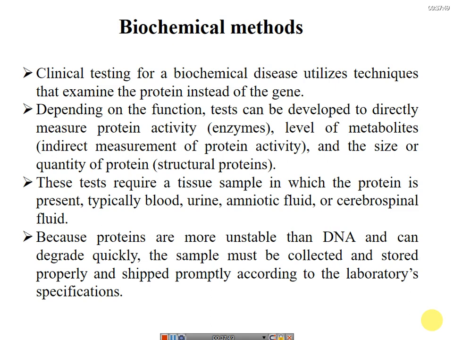In an indirect fashion, we can detect the genetic diseases by biochemical tests on proteins, levels of metabolites and quantity of proteins. Usually, we take samples like blood, urine, amniotic fluid, cerebrospinal fluid, where proteins are present, and then we can test the levels, activity, and structural properties of the protein isolated from these samples.